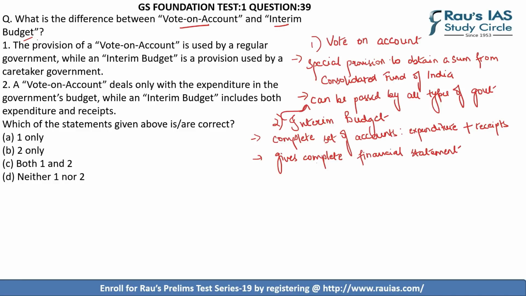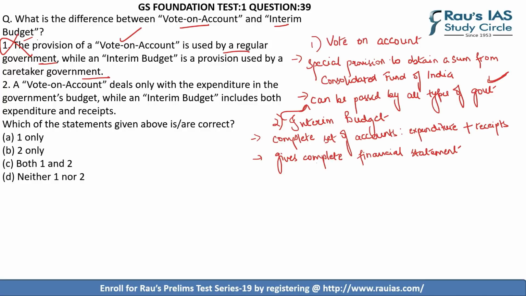Now, in light of this information, let us move back to our statements. The first one says that the provision of a vote on account is used by regular government, while an interim budget is a provision used by a caretaker government. Now, this statement is wrong because we know that both vote on account and interim budget can be passed by all types of government.